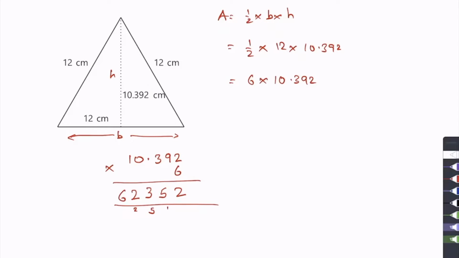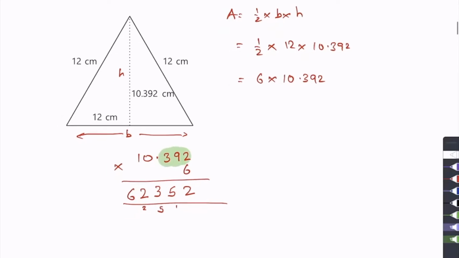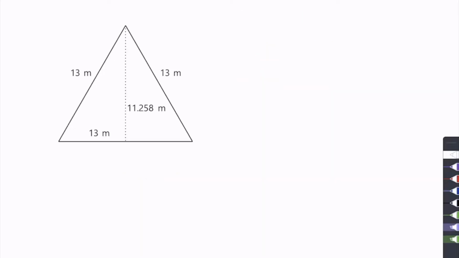Now I have to go and look at my decimal points, and I can see 3 numbers after the decimal there. Therefore, I go back 3 numbers in my answer, and I place the decimal point there. And my area is 62.352 centimeters squared.